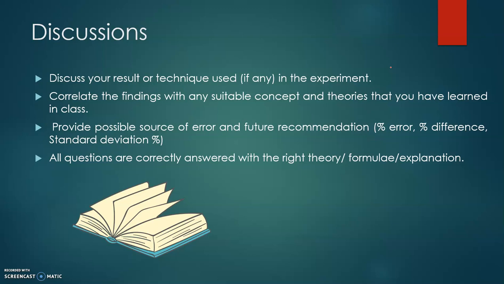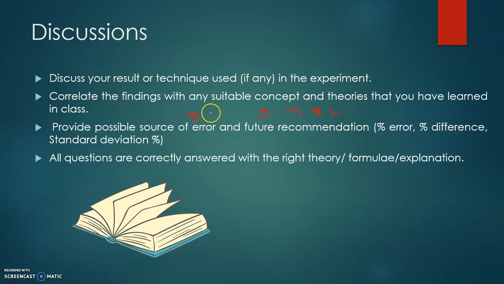In your discussion, you must involve the technique that you used in the experiment. You must correlate the findings with the suitable concept or theory that you have learned. For example, you calculate the value of g, right? This is the value that you determine, while the theoretical value of g is equal to 9.81.